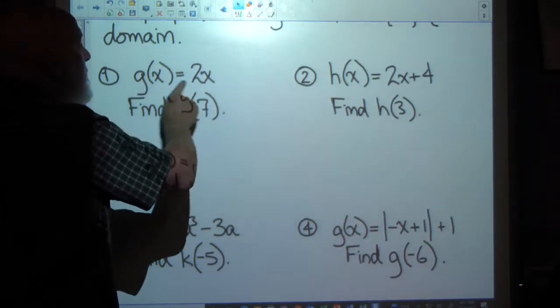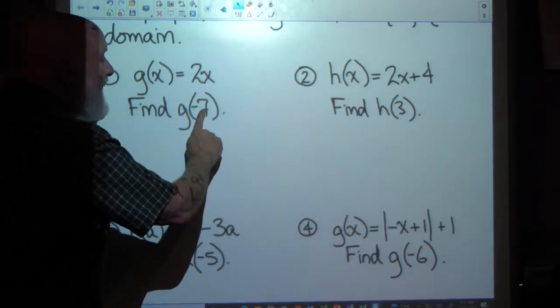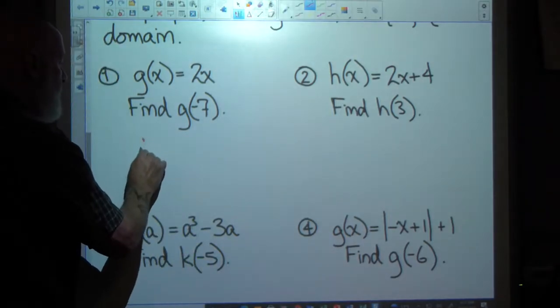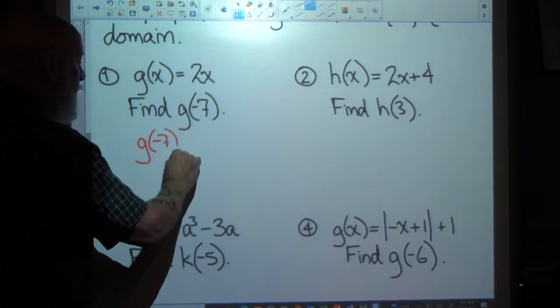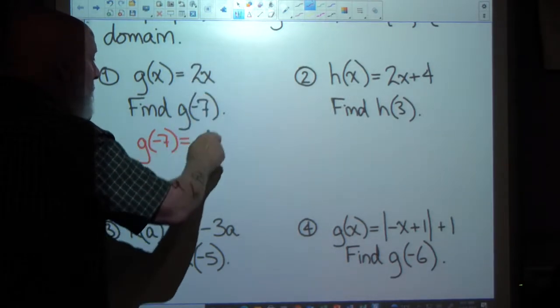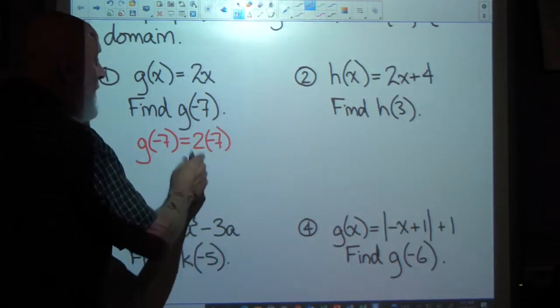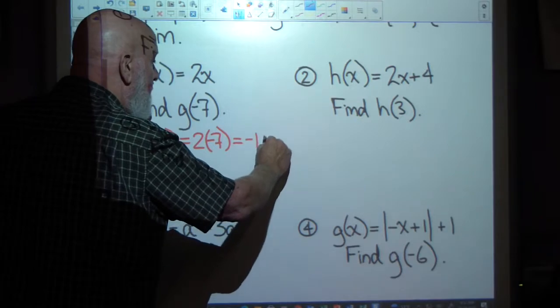Here's our function. g of x is equal to 2x. We want to find g of -7. That's the x value. So I'm going to say, well, g of -7 is equal to 2 times -7. I'm going to do the arithmetic. That's equal to -14.